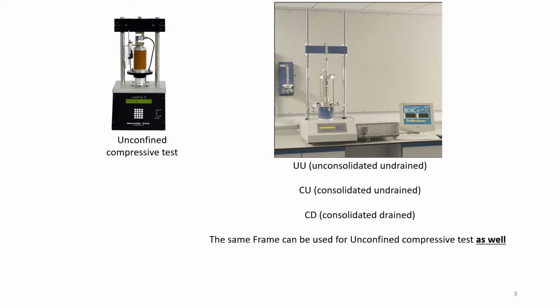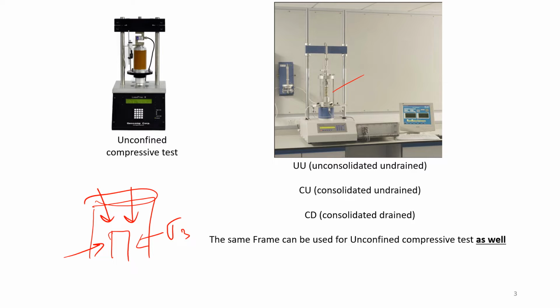The only difference is that for UU, CU, CD, you use a cylinder, let me show you this one. It's actually plastic glass around your sample, and you can apply your confining pressure, which you cannot do for unconfined compression strength. Why? Because you just trim the sample, put it under the piston and draw. So no confining pressure for unconfined compression strength. This is called unconfined compression strength.